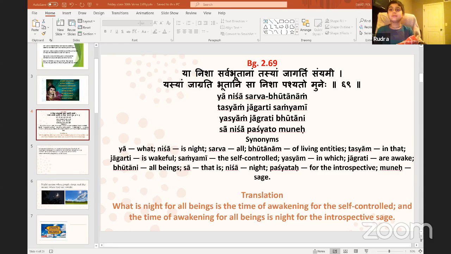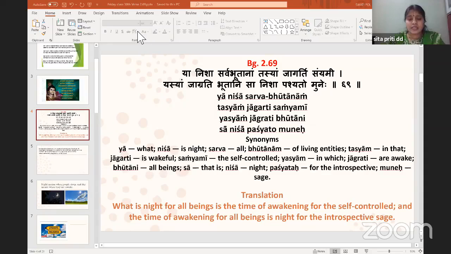Yanisha sarvabhutanam tasyam jagrati samyami, yasyam jagrati bhutani sanisha pashyato mune. Very good. Very nice.